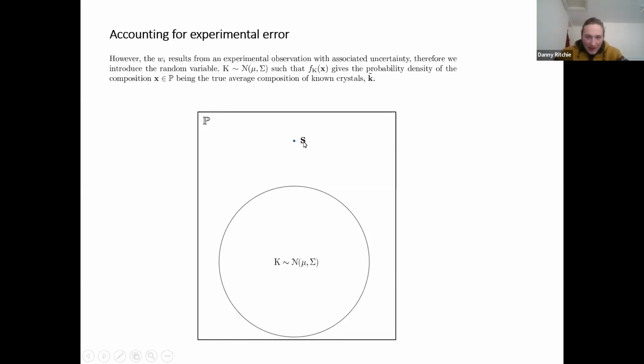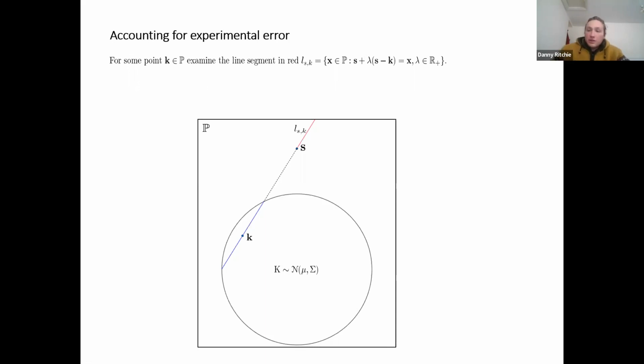So here we have our sample point. Here we have our distribution for where the average composition of known phases could be, and the box is our P, our phase field. What I want to do is, first of all, calculate the probability density that U belongs to this line segment, LSK.